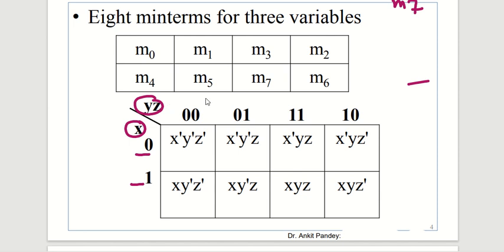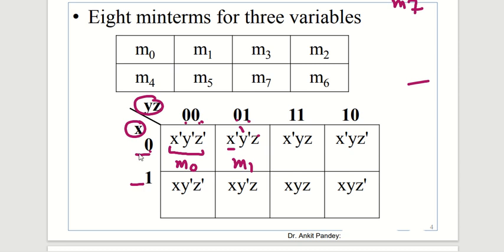Now how to define different minterms. Showing you minterm value m0. In this case, x value is 0, so it is x dash. Y value is 0, it is y dash. Z value is 1, it is z. It is representing m1. Remember that in minterm representation we represent 0 with the complement and 1 with the non-complement version.